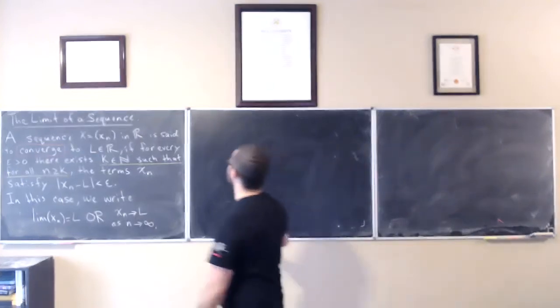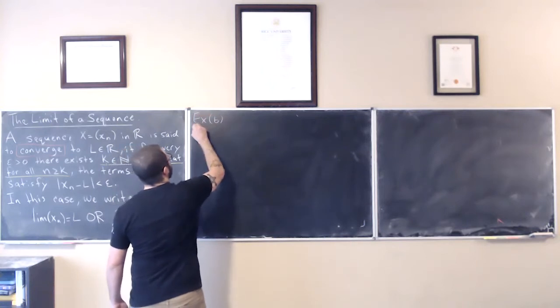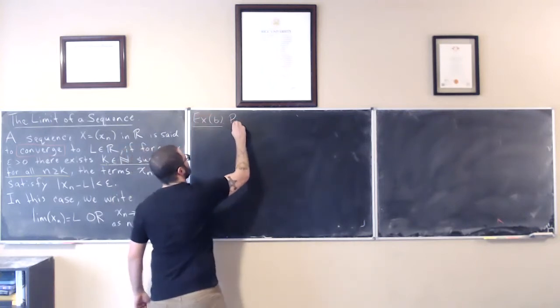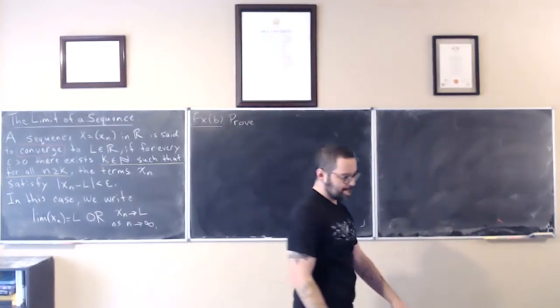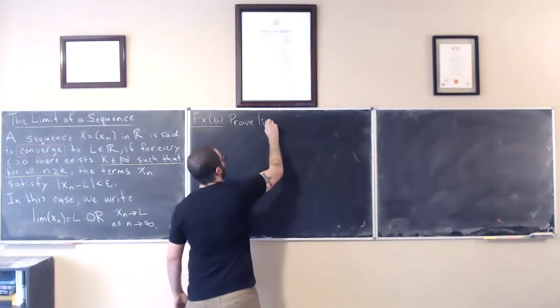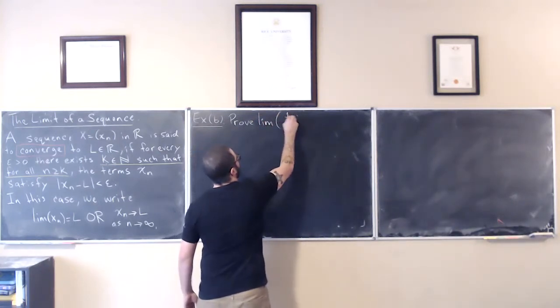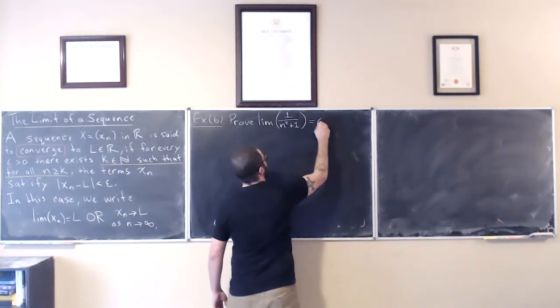Okay, so prove that the limit of 1 over n squared plus 1 is equal to 0.